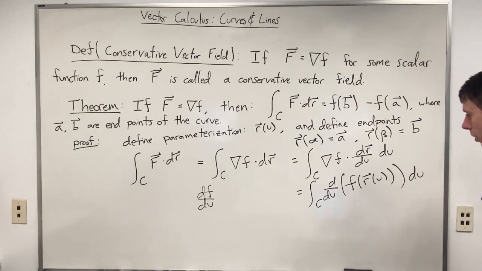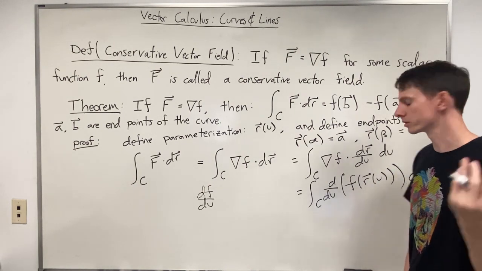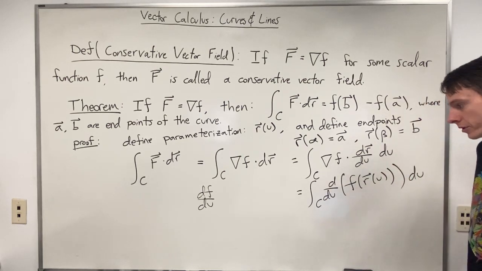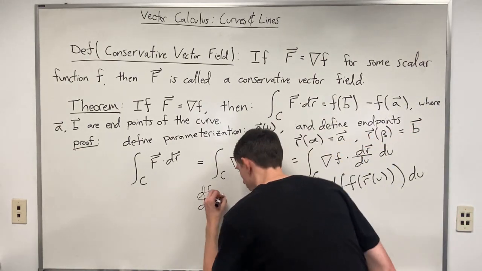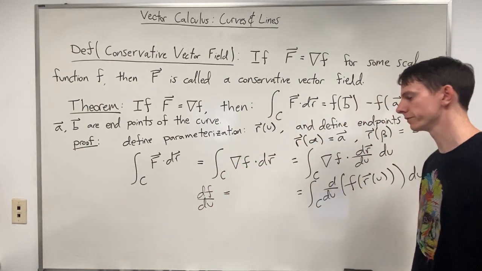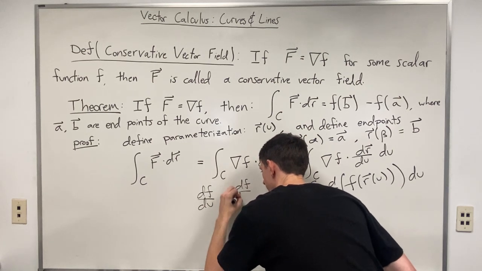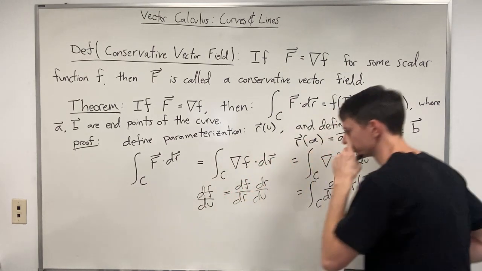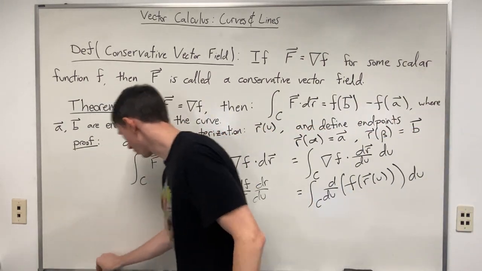Now, in the case where r is just a scalar quantity, so it's actually a vector quantity, but let's suppose for now that it is a scalar, then we could re-express this derivative using chain rule, where we would have df dr times dr du like this.